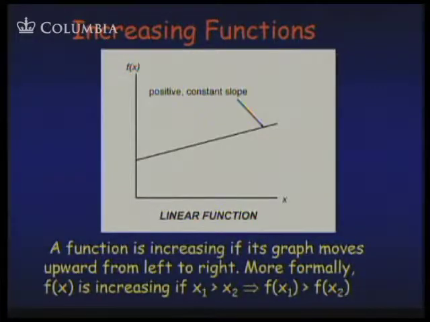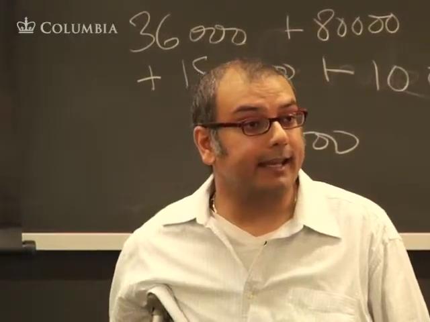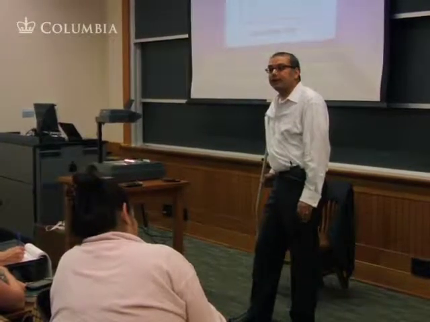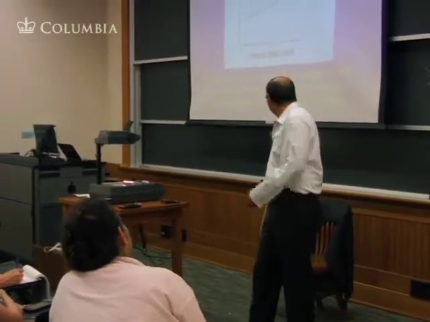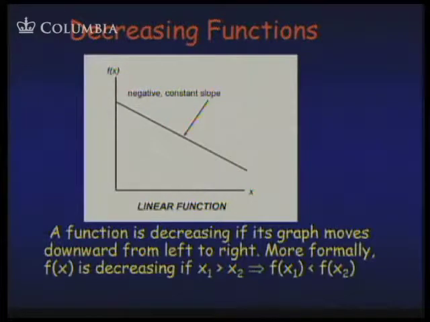You could formally define an increasing function f of x such that for any x1 that's greater than x2, f of x1 is also greater than f of x2. Similarly, you could define a decreasing function in the same way. You'd simply reverse the inequality.